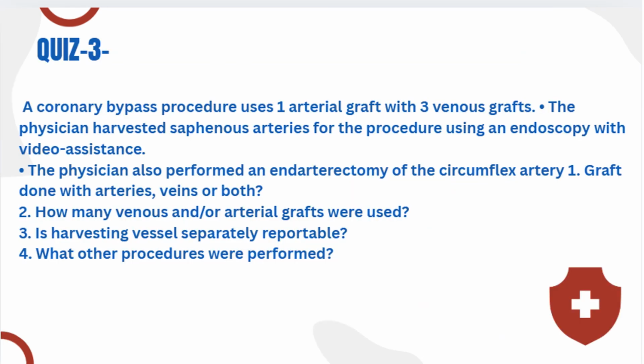Now let us take one more quiz. A coronary bypass procedure used one arterial graft with three venous grafts. The physician harvested the saphenous vein for the procedure using an endoscope with video assistance. The physician also performed an endarterectomy of the circumflex artery. Graft done with arteries, veins or both? How many venous and arterial grafts were used?